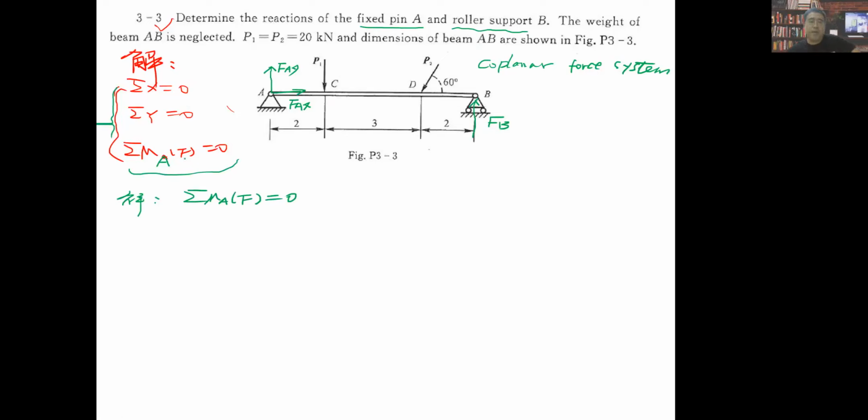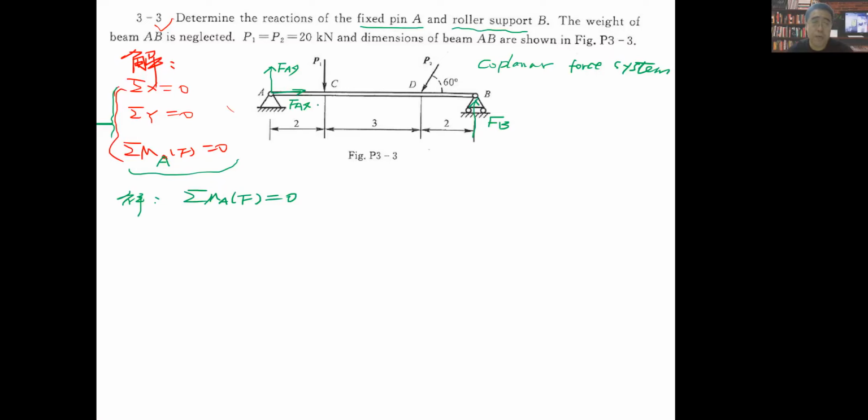Why do I select this equation to be the first one? I think the reason is that FAY and FAX values are unknown. But when I take this MA(F), we know FAY and FAX action lines both pass through this point A. So that means MA(FAY) and MA(FAX) are both 0.